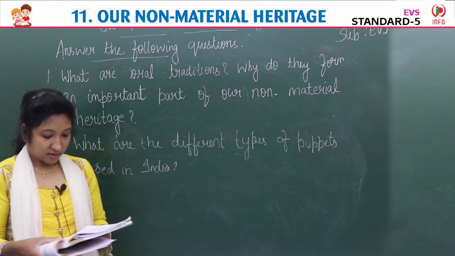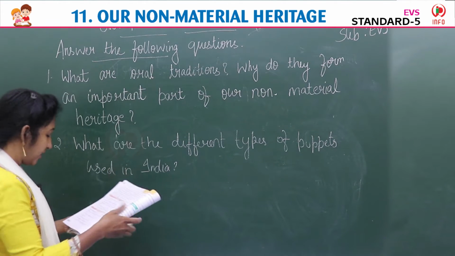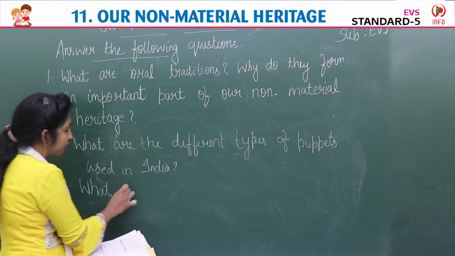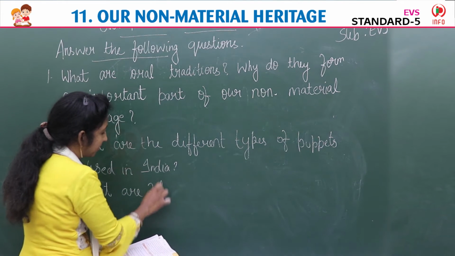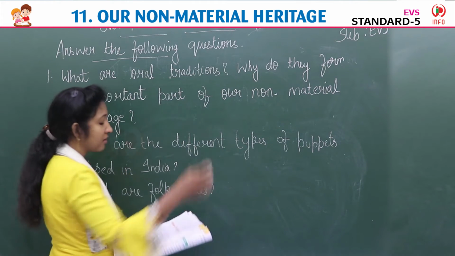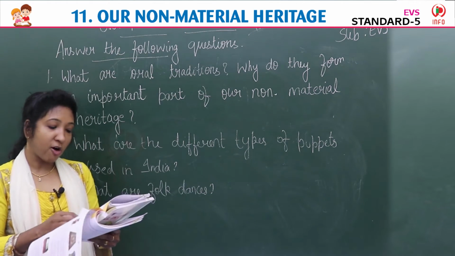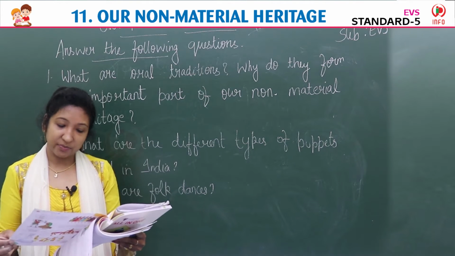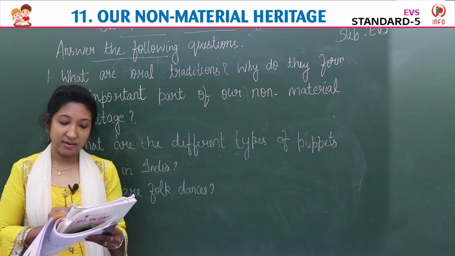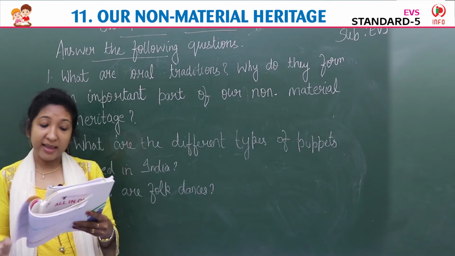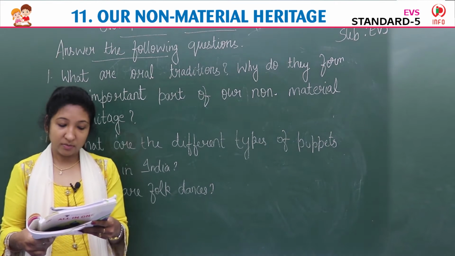Then coming to the third question, what are folk dances? We learned about folk dances also, isn't it, children? So what are folk dances? You can see the heading of folk dances on page 87. There you can find this answer. Folk dances are those performed by local people.